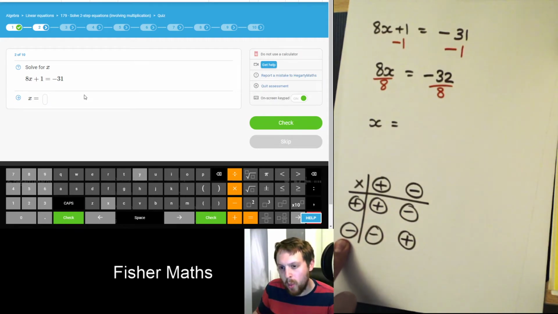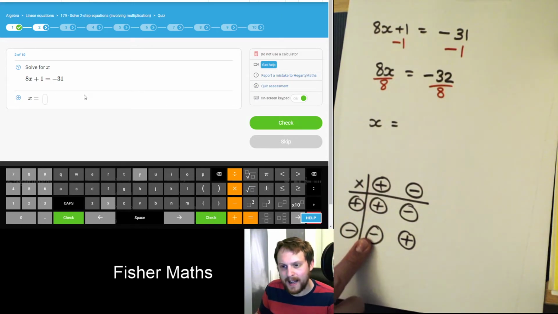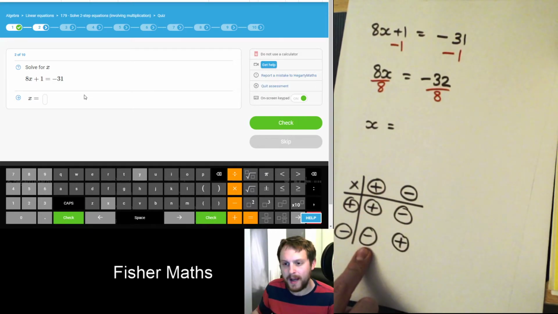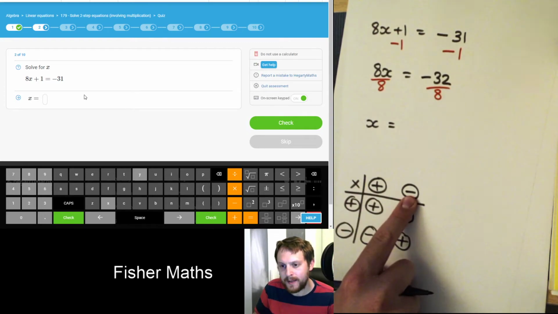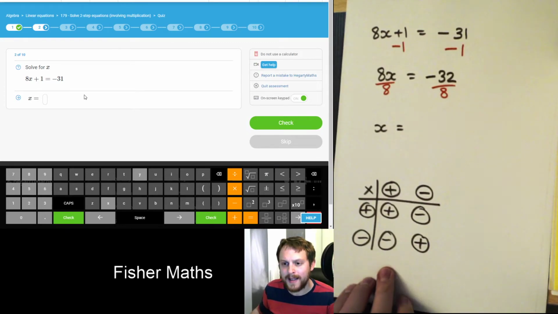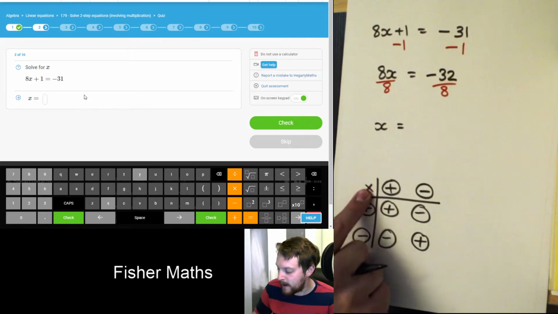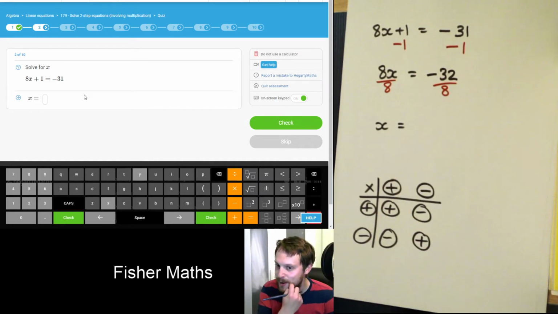If I take away a lot of positivity, I'm feeling negative. And if you're feeling negative, you're feeling down, you're feeling sad, and I come in and I take away a lot of your negativity, you're going to feel more positive. So this is a table that's very much worth remembering.